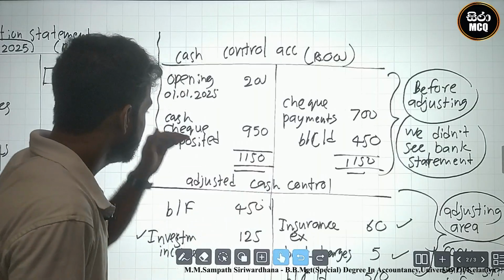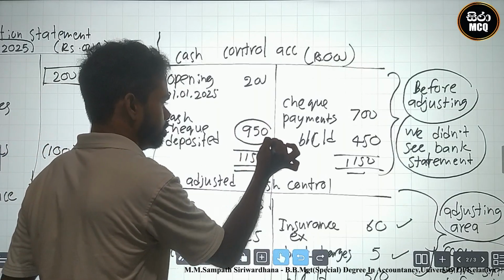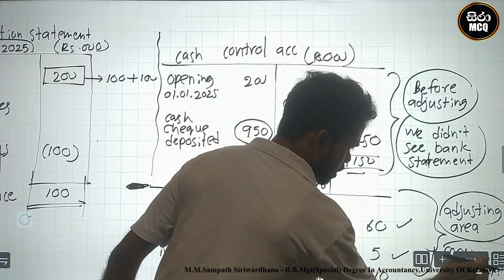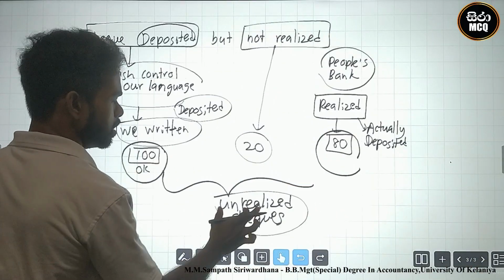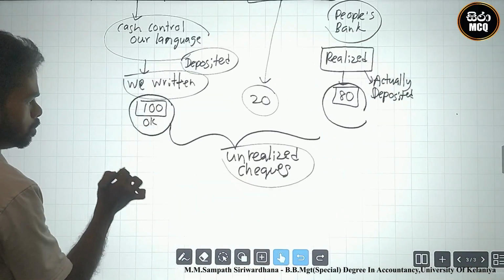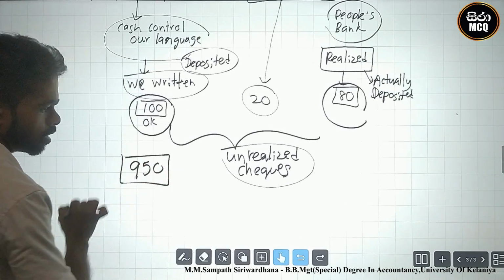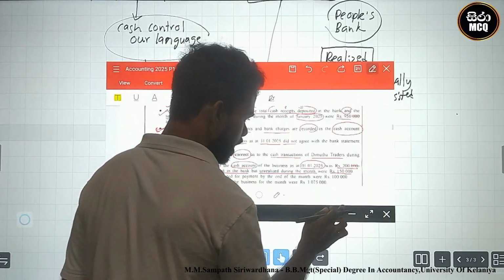In the current month, cash and checks deposited was 950. Therefore, our depositing was 950. We actually deposited 950 in value of checks.